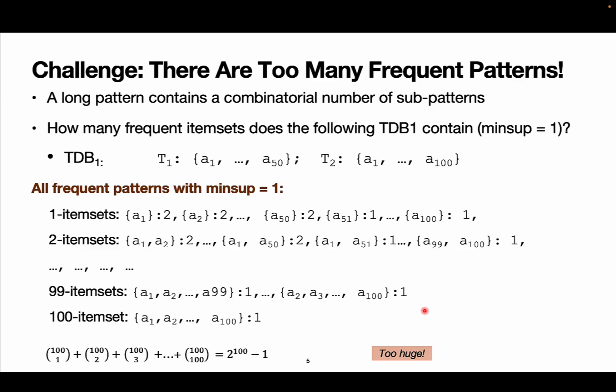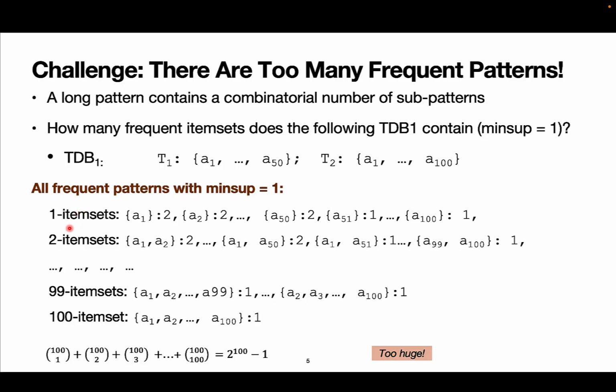To make a point, let's go over this contrived example. Suppose we have two transactions in this database. T1 goes from A1, A2 all the way to A50. T2 goes from A1, A2 all the way to A100. Now I want to list all frequent patterns with minimum support equal to 1.